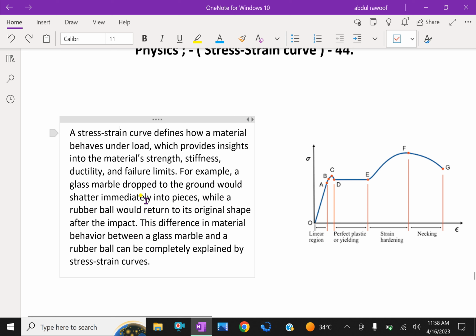What's the difference between glass and rubber? This difference in material behavior between a glass marble and a rubber ball can be completely explained by the stress strain curve.